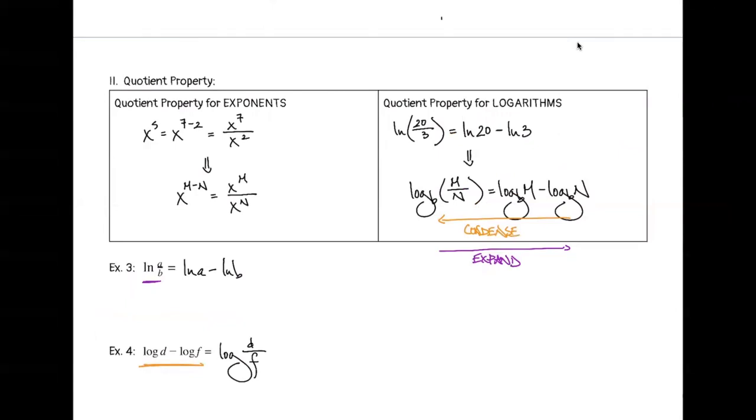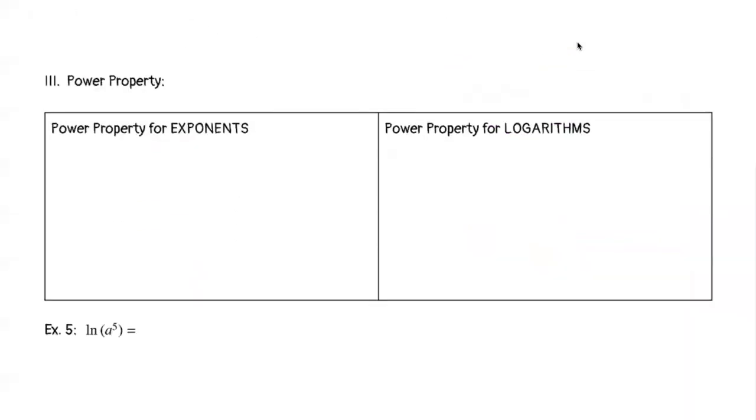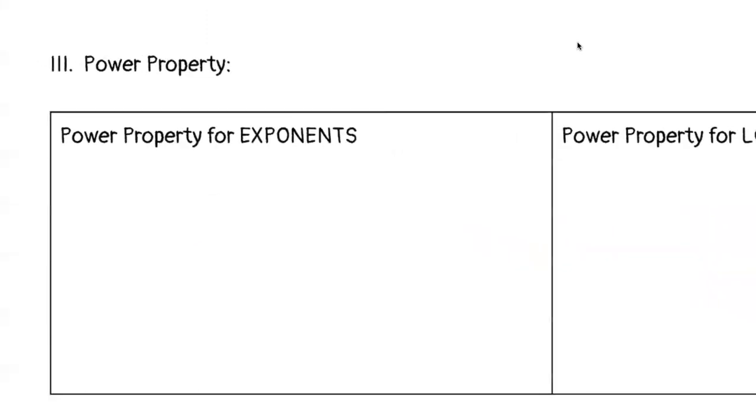All right, let's move on to the third and final property. But really what we're going to be looking at is how do we mix all of these together? Okay. All right. Power property for exponents. We've seen this one actually earlier today.